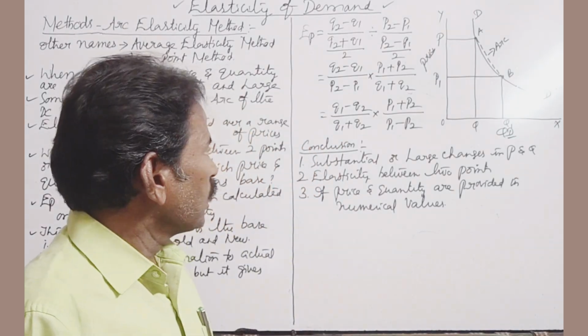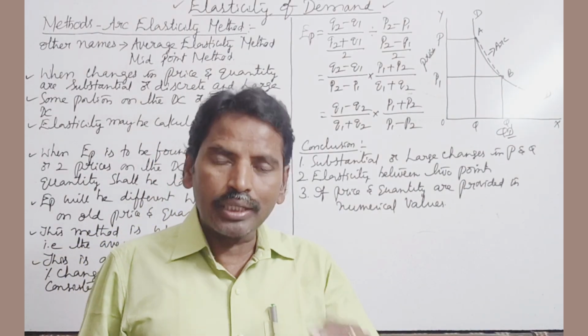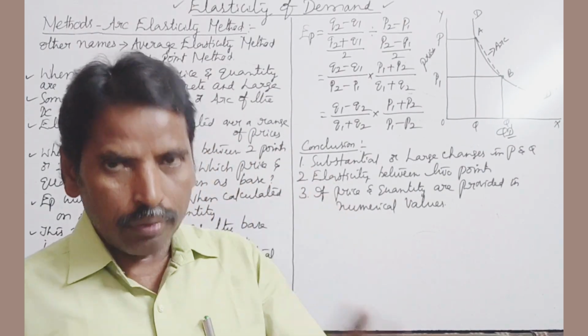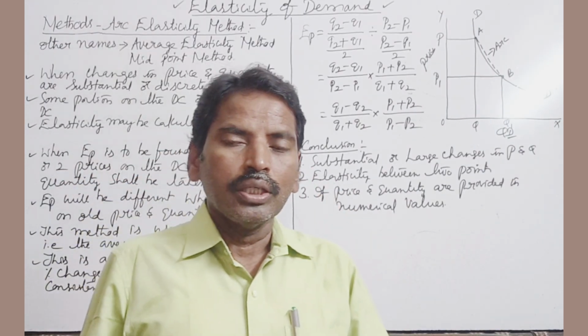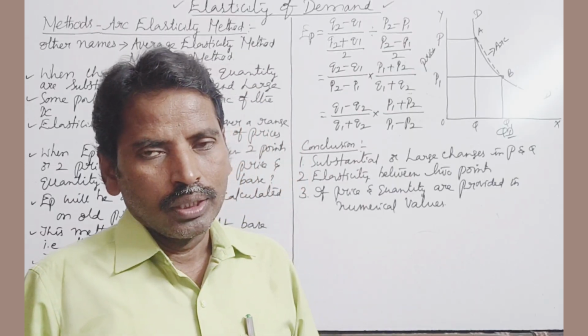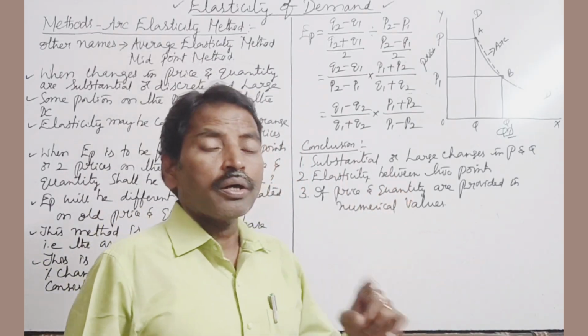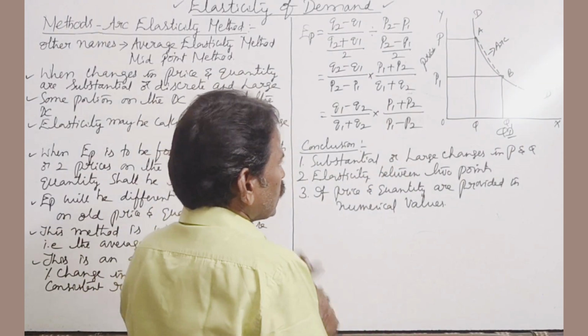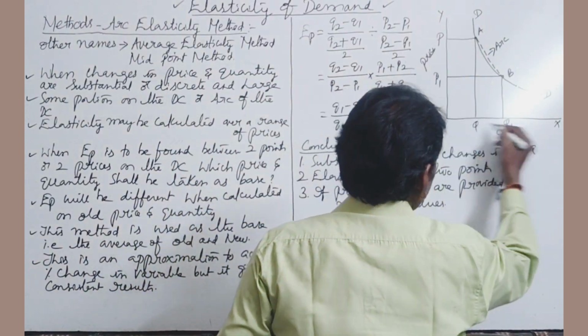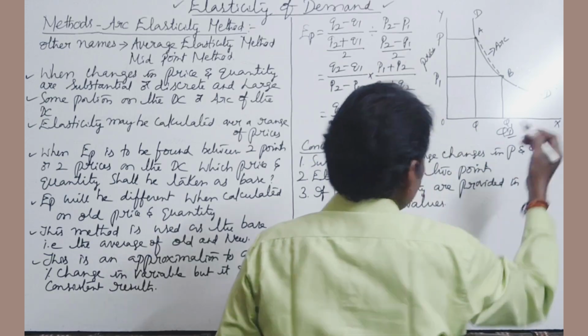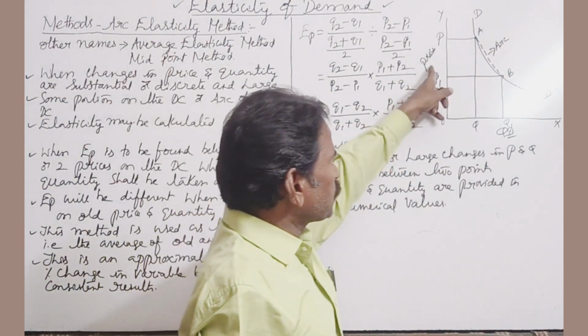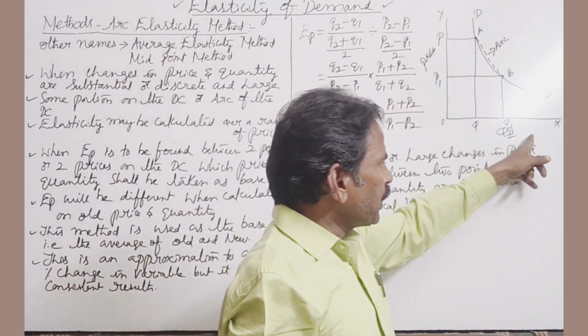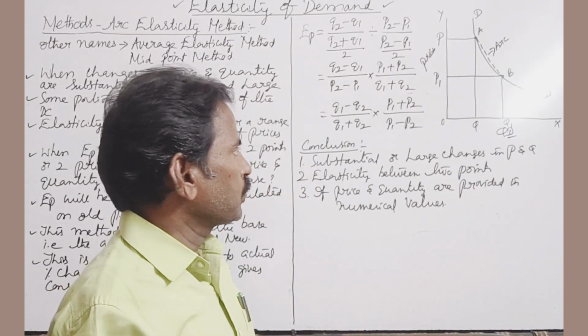Next, what is the formula to calculate price elasticity of demand, and how do we explain it with the help of a diagram? First draw an L shape and mark Y, O, X. Price is measured on the y-axis, quantity demanded on the x-axis.